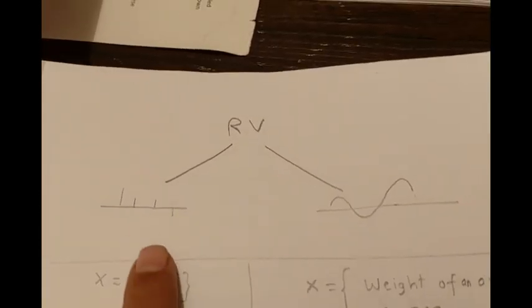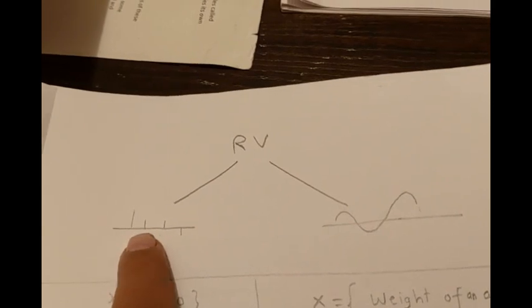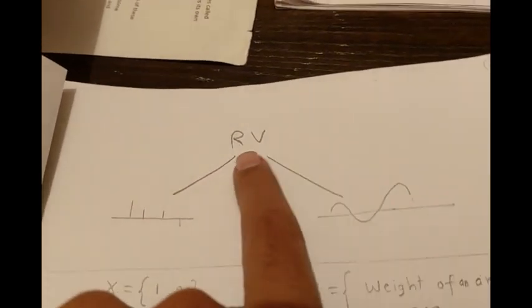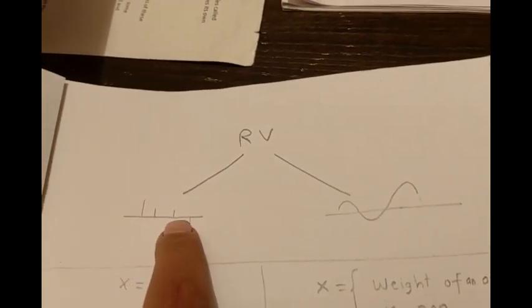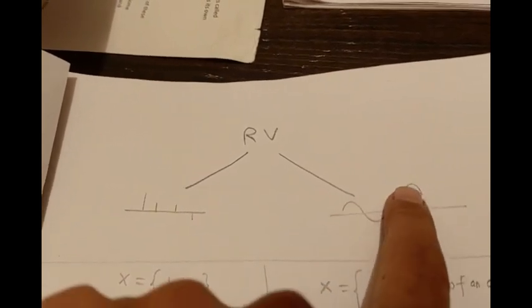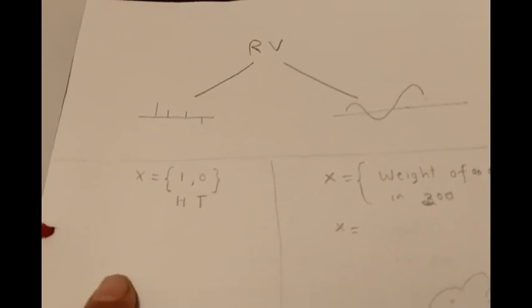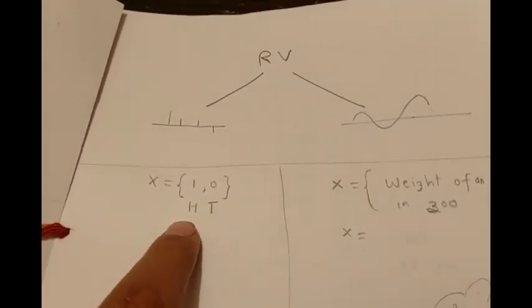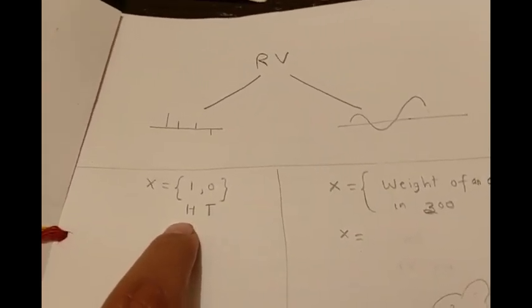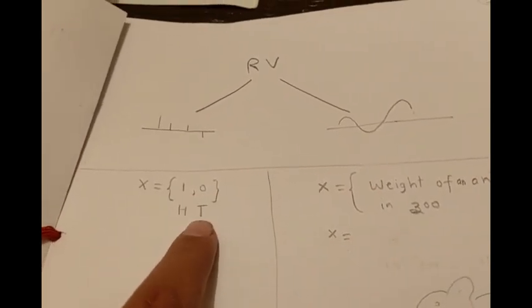Random variables can be of two types: discrete or continuous. These variables can take finite values, or they can take many values in a certain number range. Head and tail is a good example of a discrete value. Tossing a coin can give us only two different outcomes.